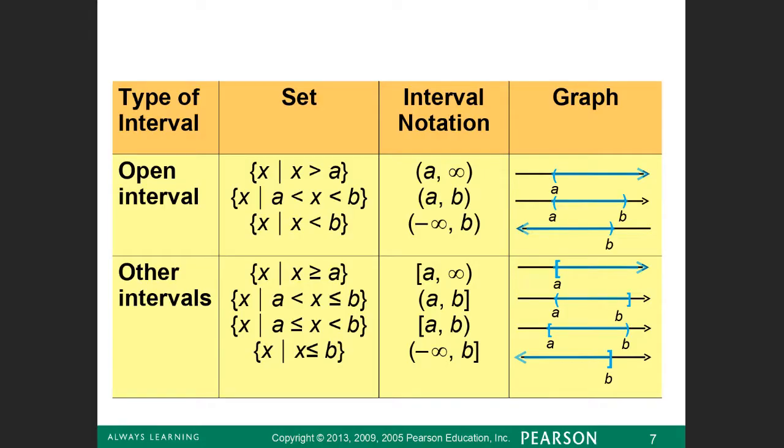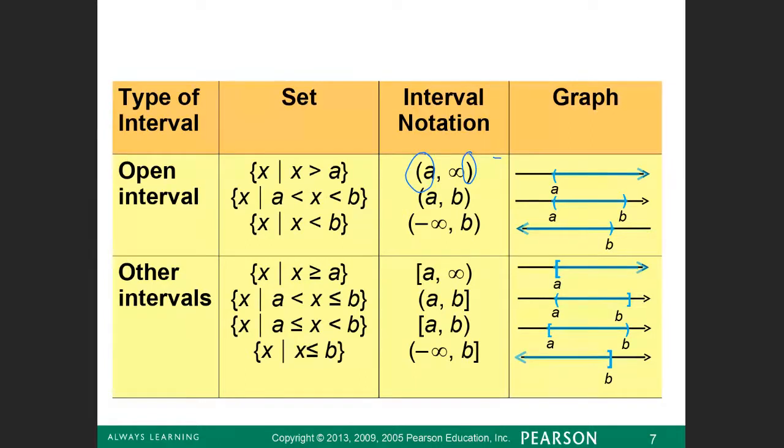So here's the table for the symbols that we're trying to summarize. We have the open interval, and you can see in the open interval, you're using parenthesis here. So this is the set interval notation. And going to the right, it's actually positive infinity. If you have the number line, think about the smallest you can have to the side.